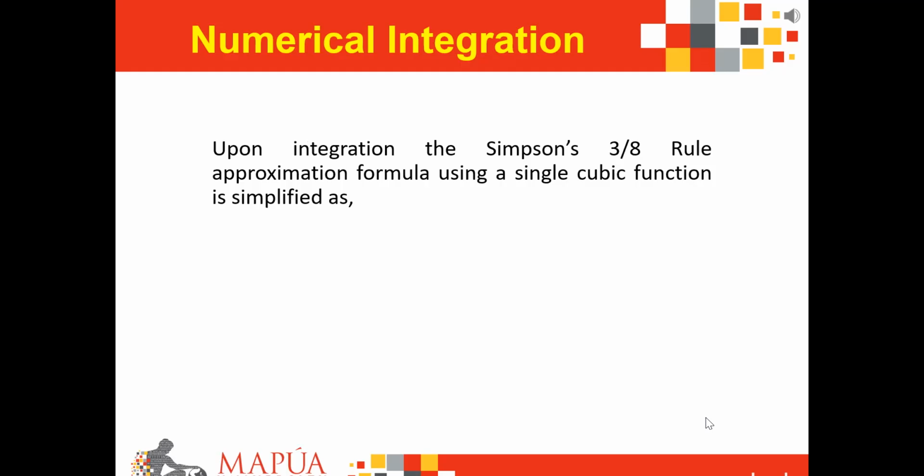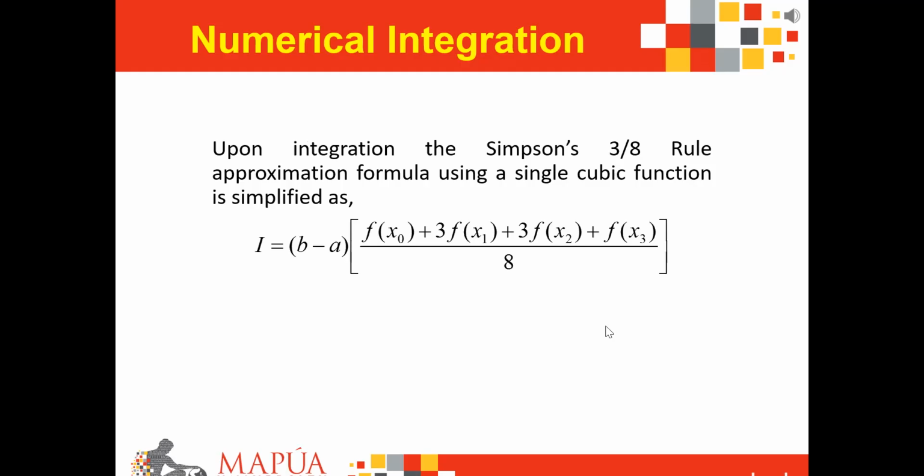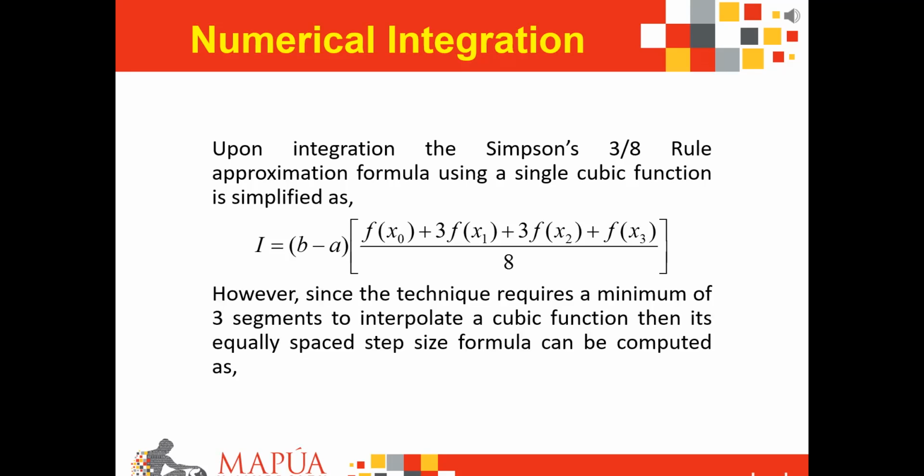When we integrate this simple cubic interpolating function, it can be simplified as b minus a multiplied by f(x0) plus 3f(x1) plus 3f(x2) plus f(x3), all over 8. However, since this technique requires a minimum of 3 segments in order to interpolate a cubic function, its equally spaced formula for step size would be equivalent to 3h is equal to b minus a.